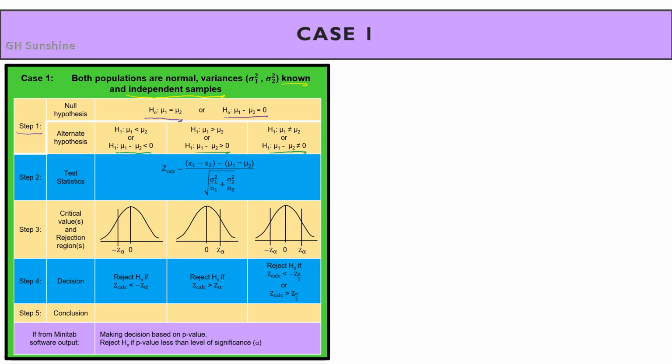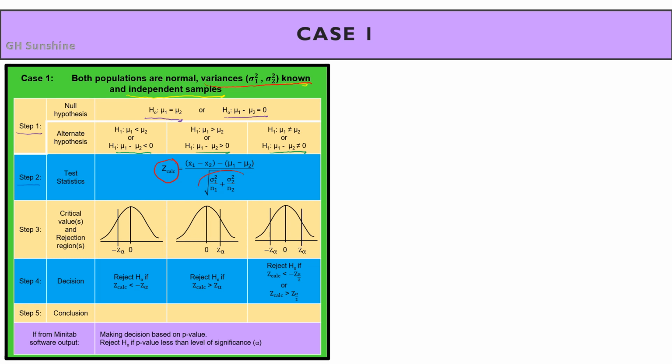Next, the second step is to calculate the test statistic value. In the first case we will use the Z calculation. Why? Because the variances for both populations are known, meaning population variances.